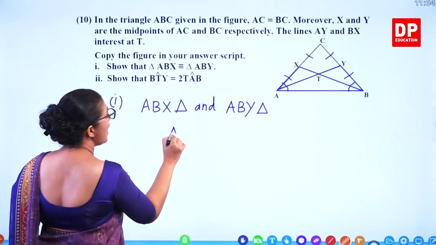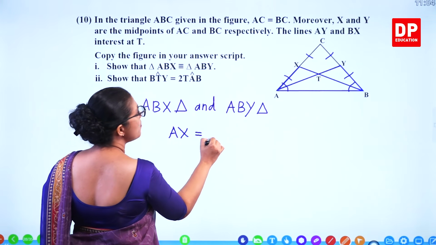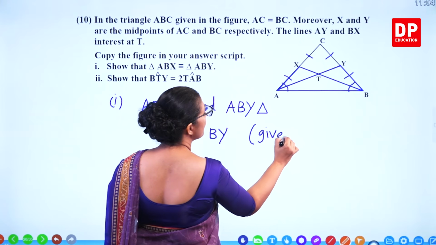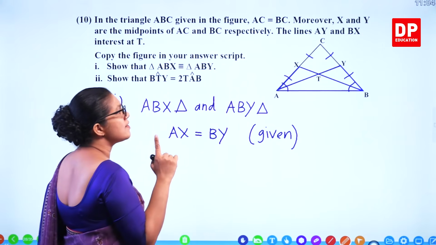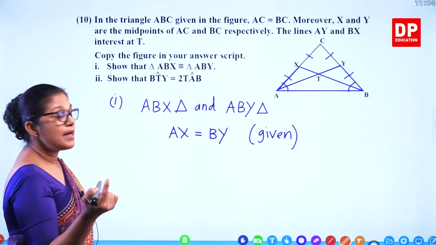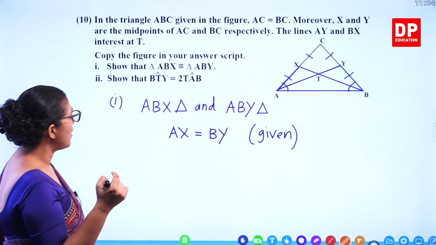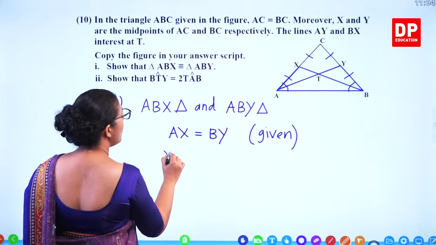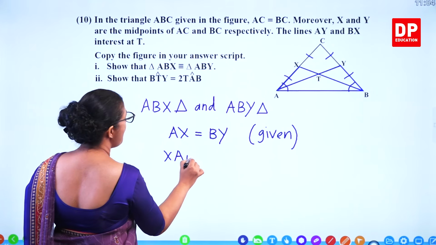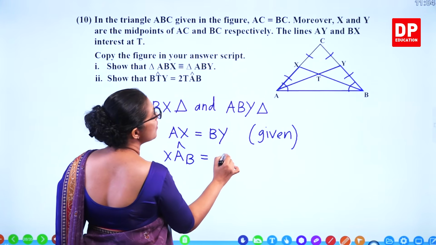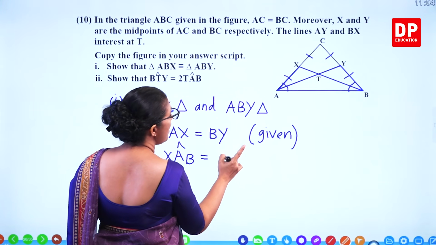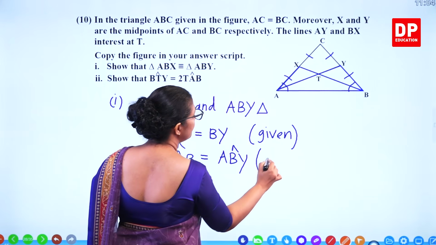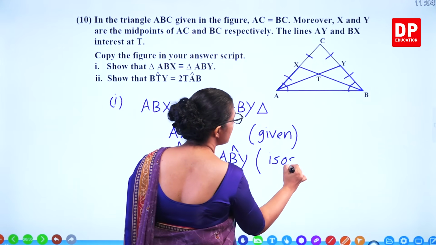We know AX is equal to BY. It's given. AC length is equal to BC and midpoints are X and Y. It's given. And we know XAB is equal to ABY angle. Isosceles triangle.